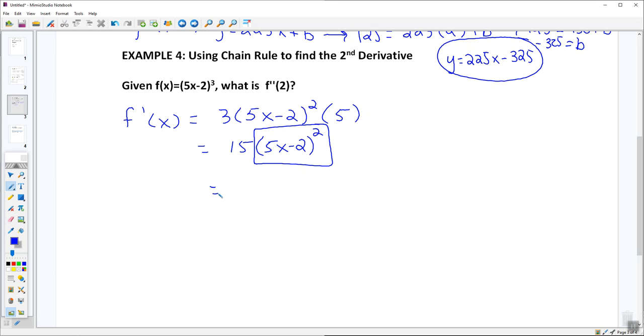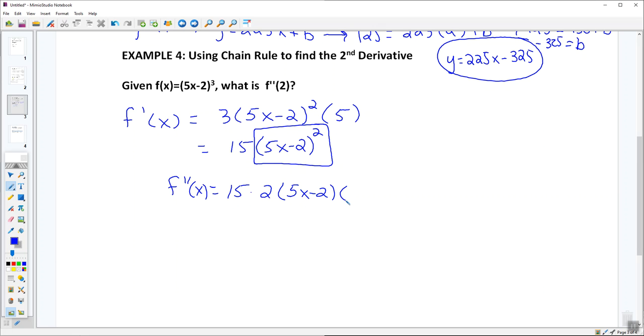So f double prime of x, here we go. It's going to become 15 times, all right, help me differentiate that part in the box. What power?